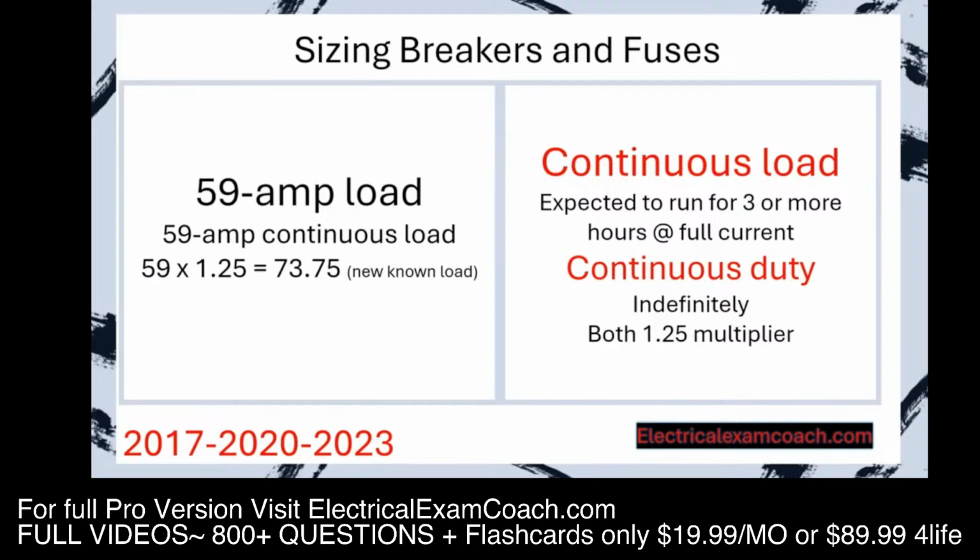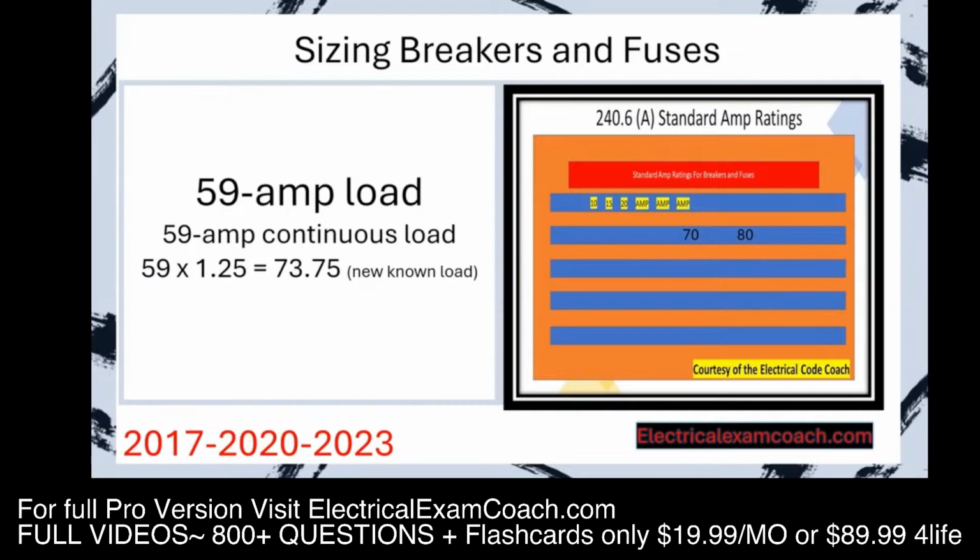That old load is gone, the 59 is gone, the 73.75 is our new known load, and that's what we would go size our breaker and subsequently our wire by. How we would do that is head to table 240.6(A). We're going to look at the next standard size. So we're above 70 and it jumps to 80, and we would put this on an 80 amp overcurrent protective device.